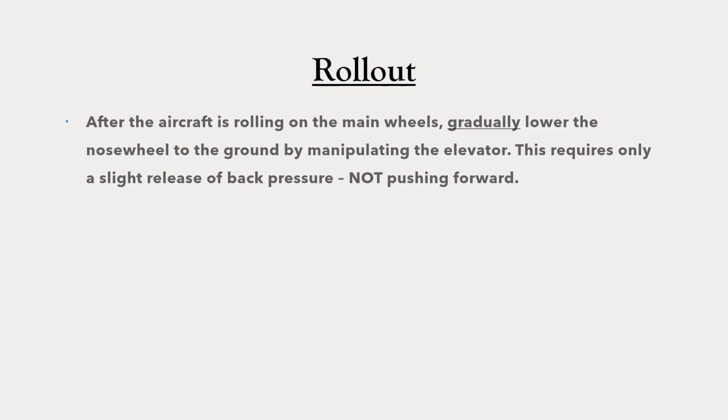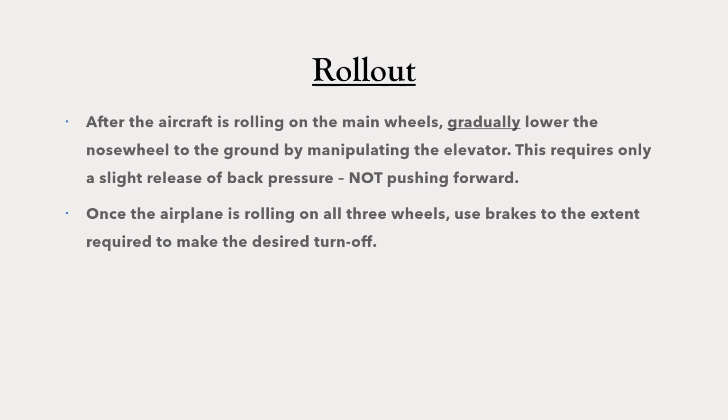You really want to ease the weight onto the nose wheel. Once the airplane's on all three wheels, once the nose wheel is down, then you use your brakes together, both left and right together, to whatever extent you need to in order to make the turnoff you're trying to make. You don't want to use them excessively hard.